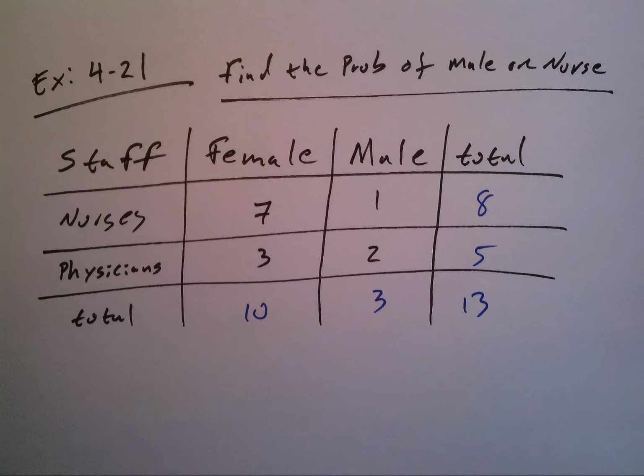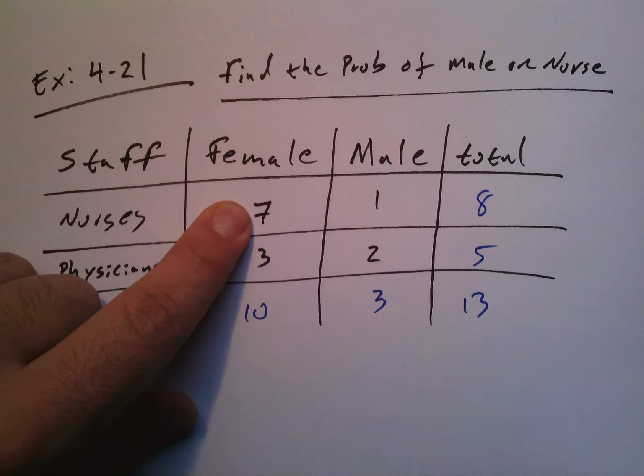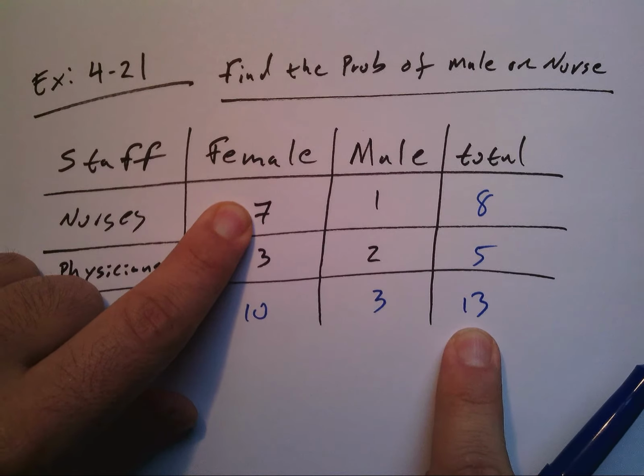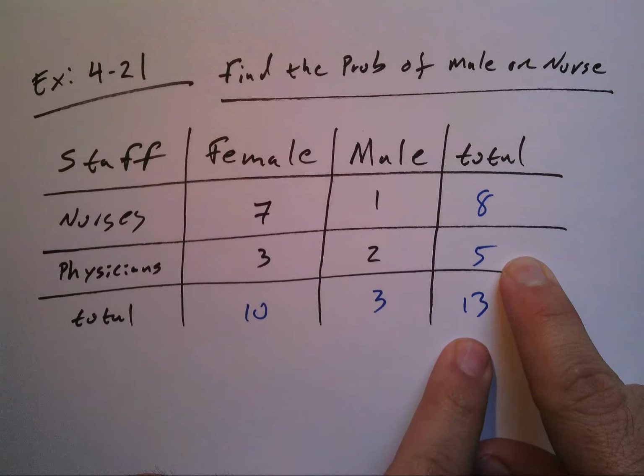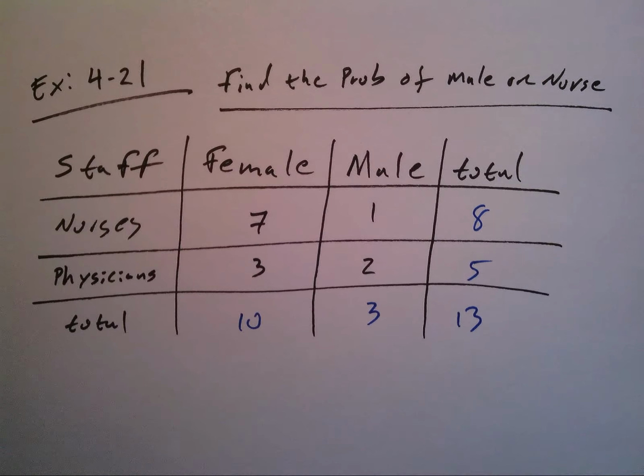So now if I ask about any individual probability, what's the likelihood that a staff member is female? That's 7 out of my total 13. Or if I ask what's the likelihood that I have a physician, it's 5 out of 13.